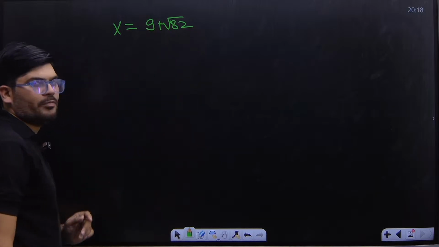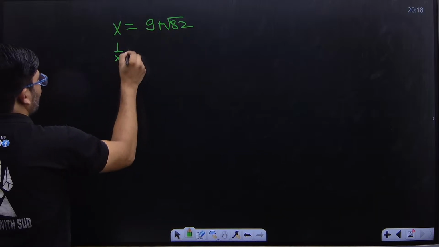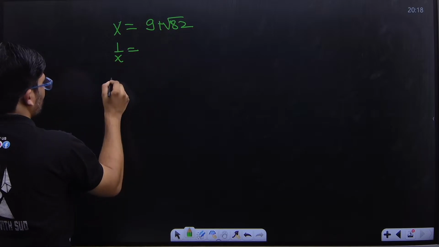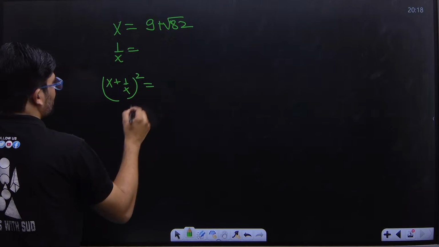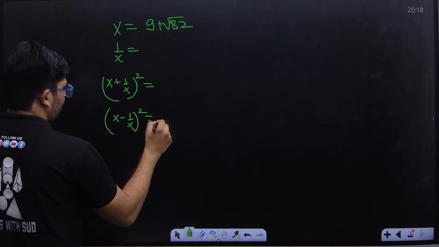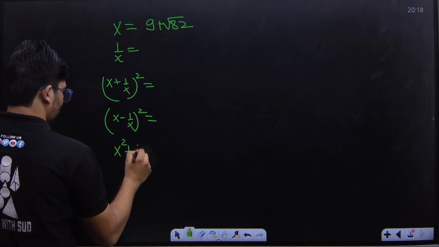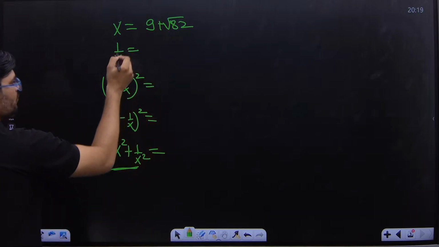X is equal to how much? 9 plus under root 82. You have to find 1 upon x. This is the first question. The second question is you have to find x plus 1 upon x whole square. Third question, you have to find x minus 1 upon x whole square. Then you have to find this. 4 questions. 1, 2, 3, 4.